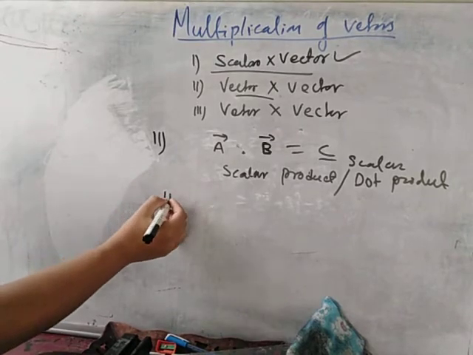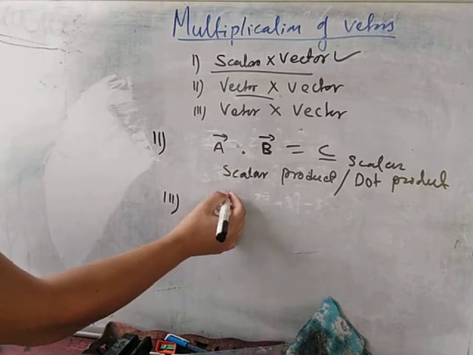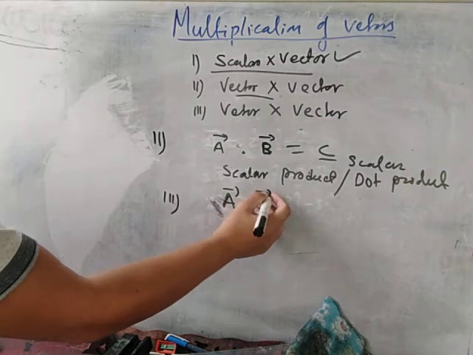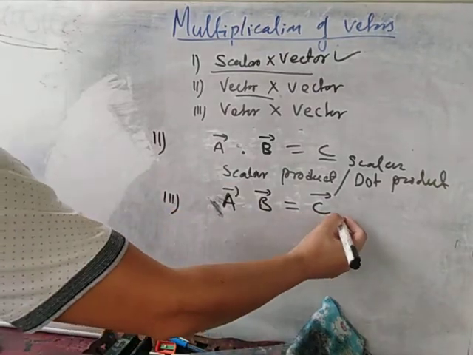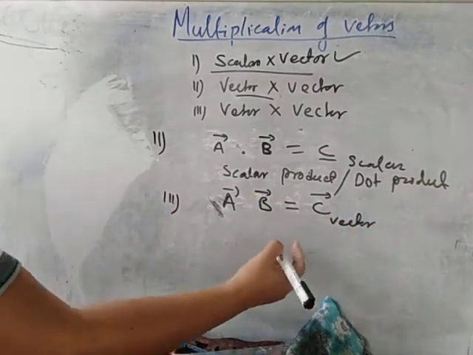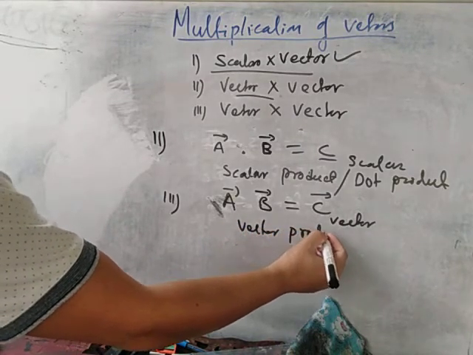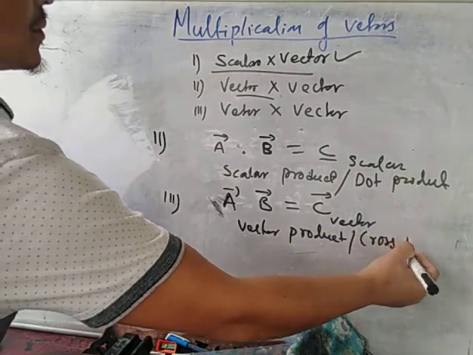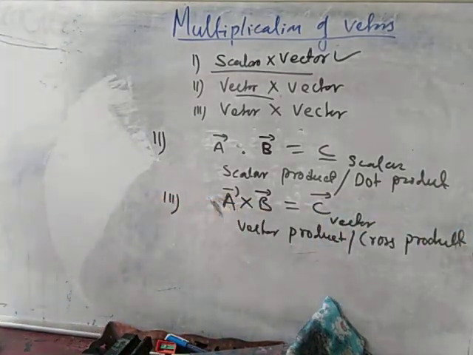Next, if I have vector a, vector b, and if I multiply these two vectors and get the result as a vector again, this is called vector product, or cross product. That is why we put a cross here. So this is your cross product, and this is your scalar product, dot product.